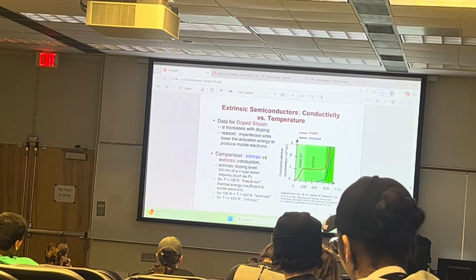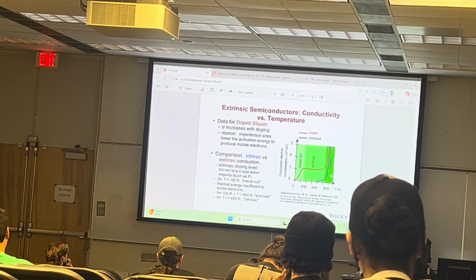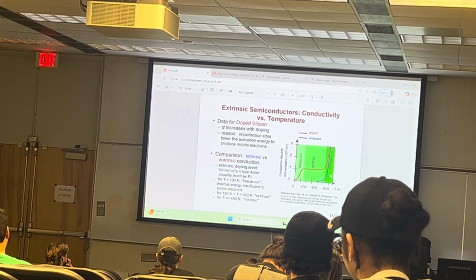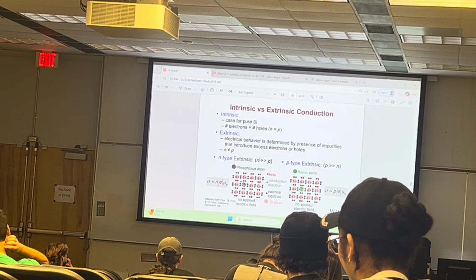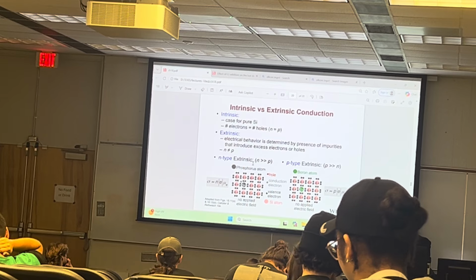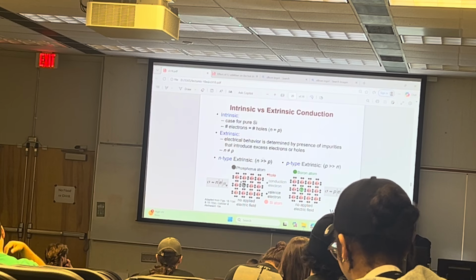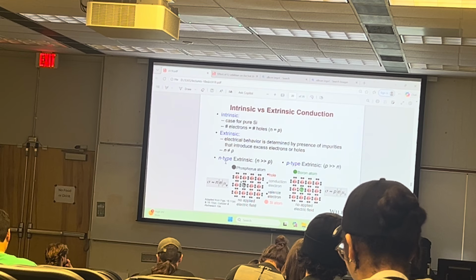For intrinsic semiconductor, the number of carriers of electrons and the holes is the same. Doping changes that. We either dope with the other element that gives excess electrons, and that's why it's called N-type.